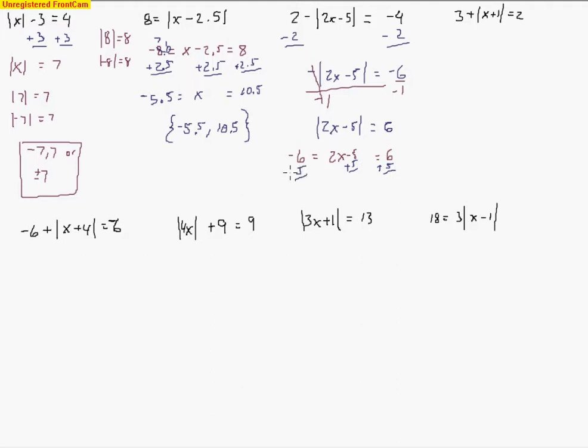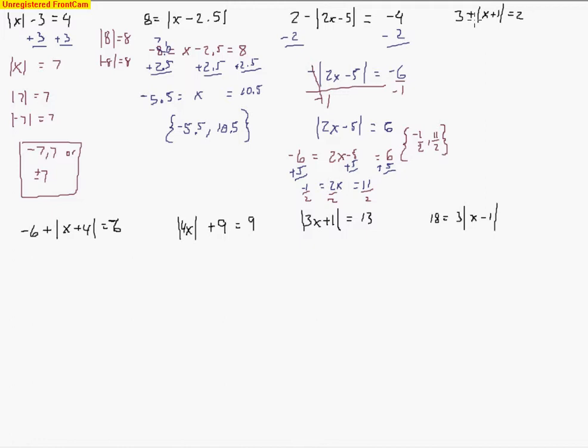And when I do it to this side, I end up with negative 1 equals 2x, which also equals 11. And from that point, I'm going to just divide by the 2, and I've got my two answers there. You can see that one's a fraction, negative 1/2, and the other one is an improper fraction, 11/2. And so those are my two solutions that I can put in place of x, then do the work inside the absolute values, then take that away from 2 to get negative 4.